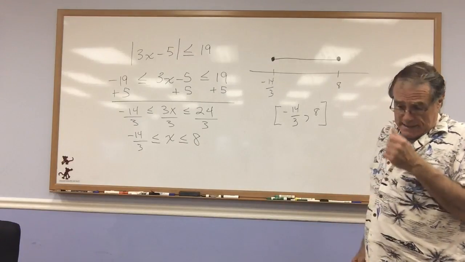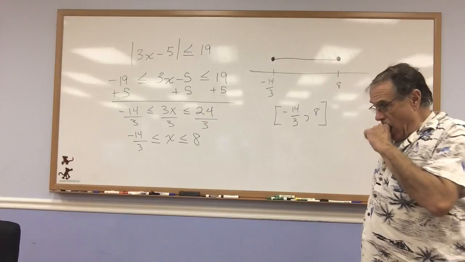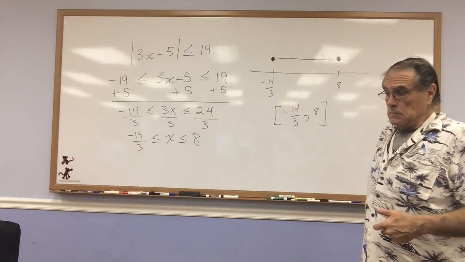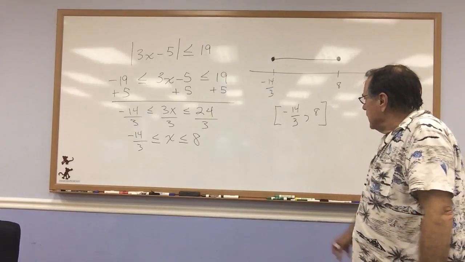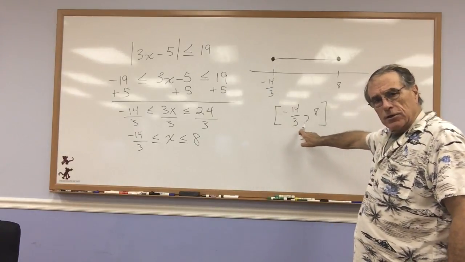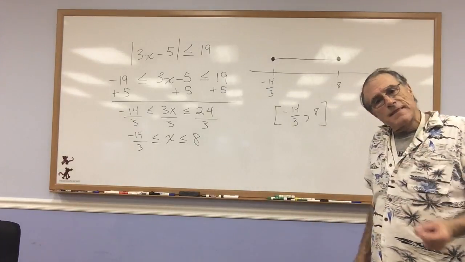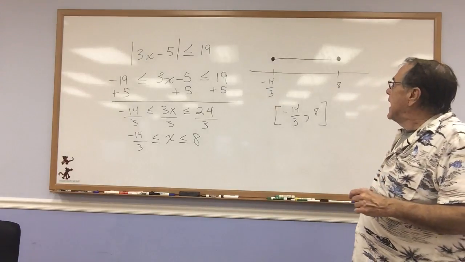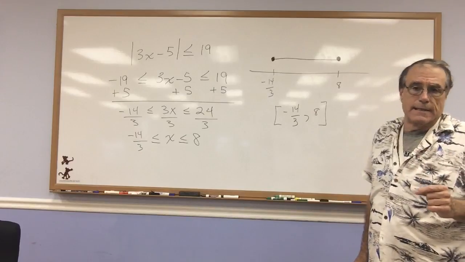Now, a comment. It seems that the books today have gotten away from closed and open circles, and they are trending toward using brackets when we are including the points, parentheses when we are not. My only concern with that, however, is point of clarity.